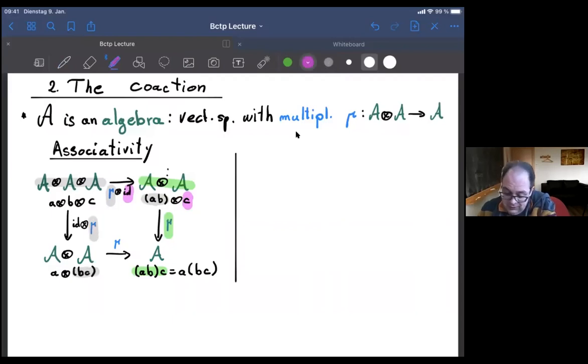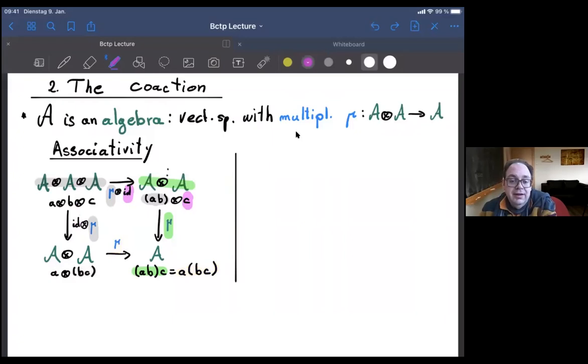I would get BC and act with the identity on the first, not doing anything. And then multiplying together would give me this. Associativity tells me that these two things must be the same. So I can phrase associativity as: I draw the square and I can move around in the square, following the arrows in any way I like. You can go around it this way or that way. I must get the same thing.